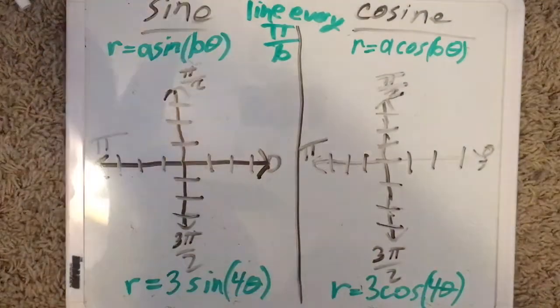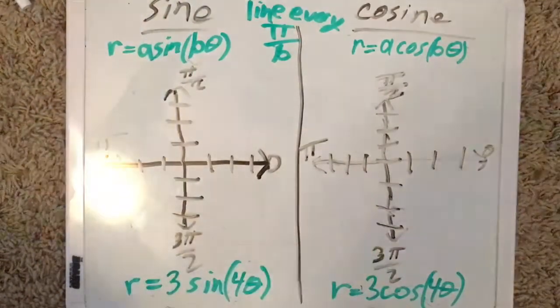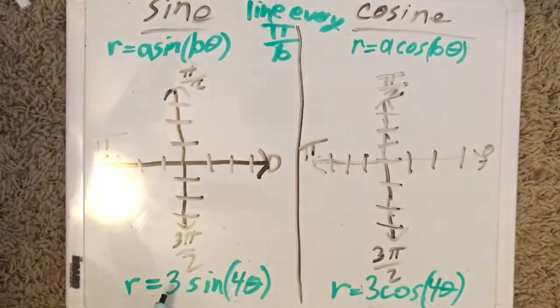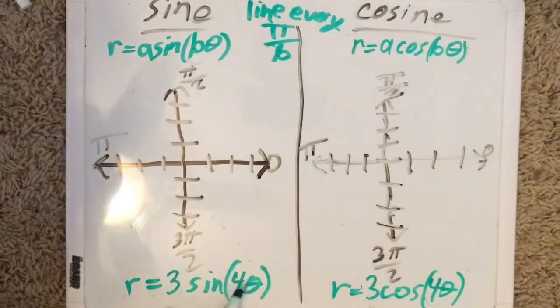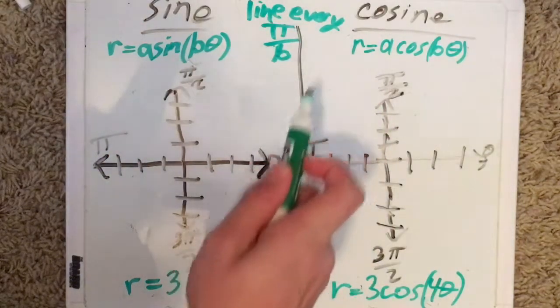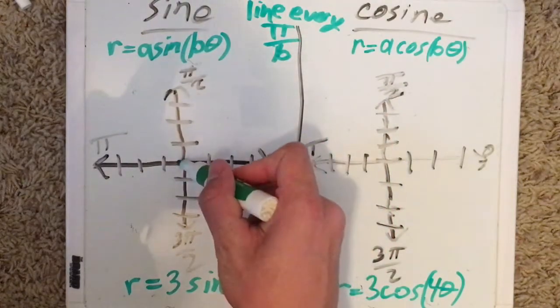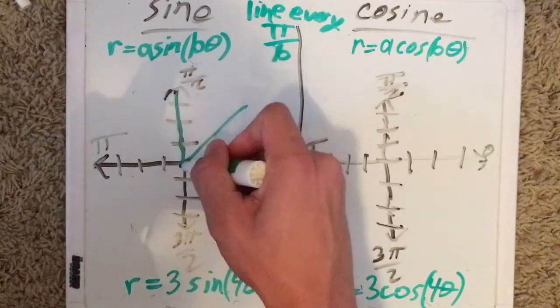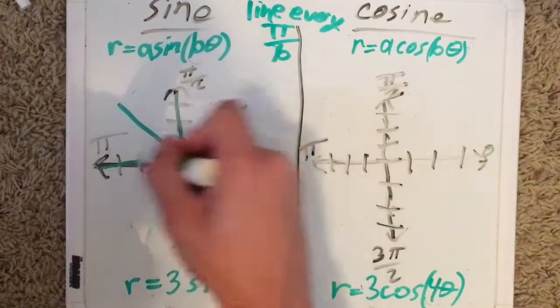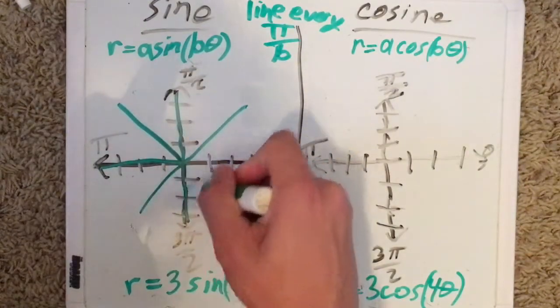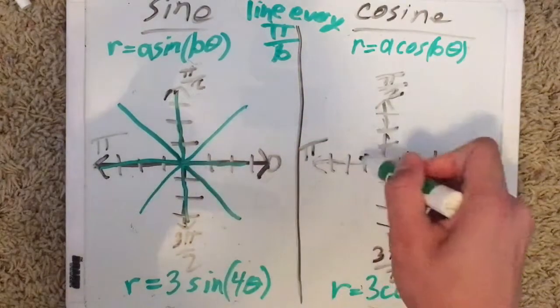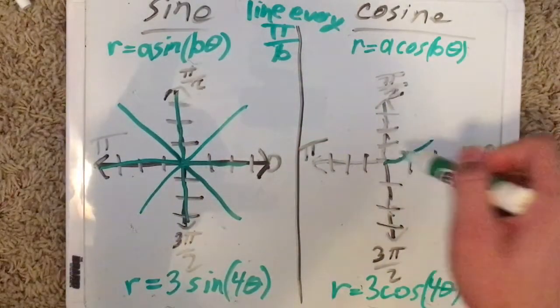Alright, we're back. And now we have the a value is 3 and the b value is 4. So we draw a line every pi over b, so every pi over 4. We're going to do that on both graphs.